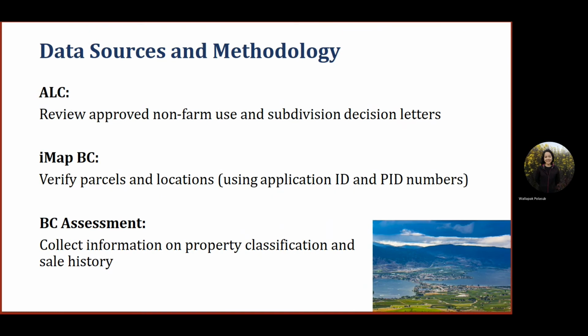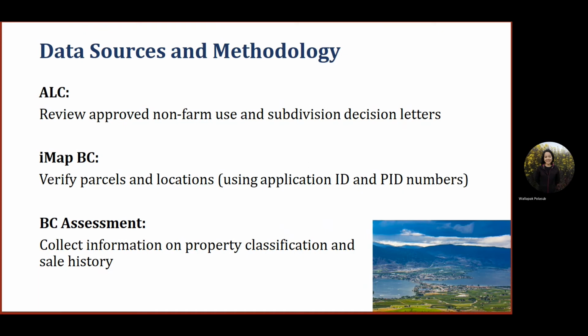To answer our research questions, we had to build one big database, which combined data from 3 different sources. First, we reviewed all the approved application letters. These letters are sent by the ALC to applicants to tell them about the ALC decision on their applications. And we only look at the approved applications.